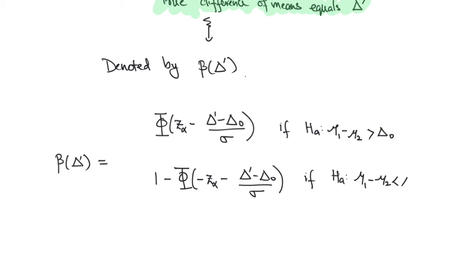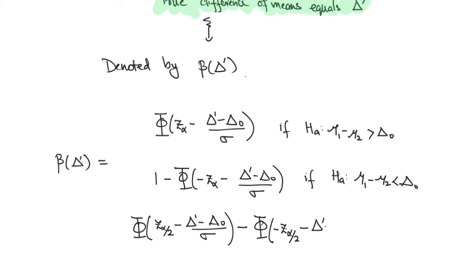Note that in the formulas here, the term sigma corresponds to the standard deviation for the random variable x bar minus y bar.